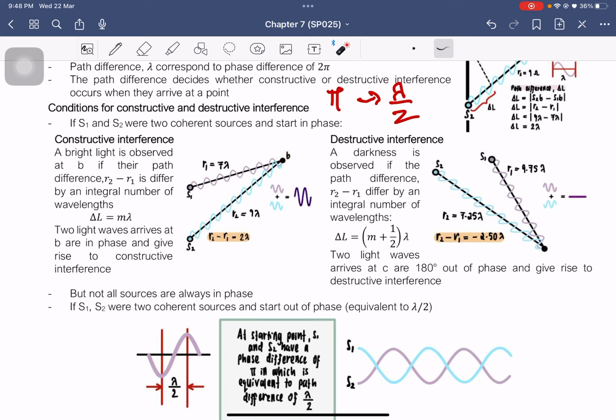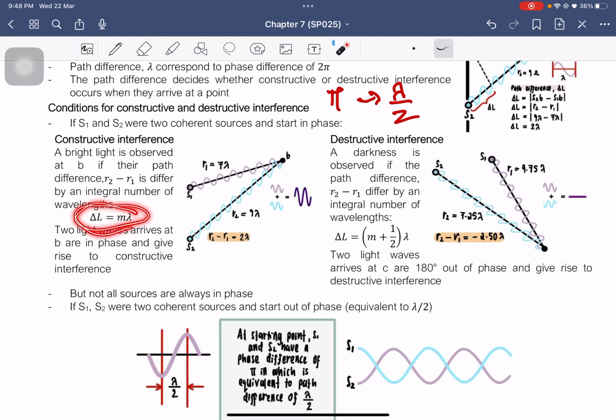So here their path difference is R2 minus R1, basically this one, 2 lambda. And then they differ by an integral number of wavelengths, which is this one here. For destructive interference, they differ by an odd integral number of half wavelengths, this formula here.